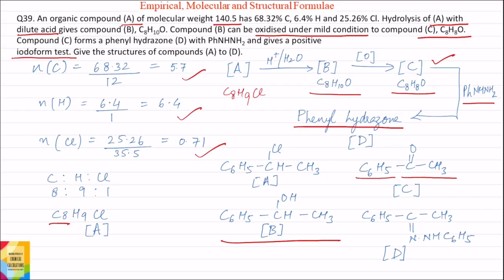Therefore, in A, the carbon that is bonded to the OH group in B is bonded to chlorine. Therefore the formula for A will be C6H5CHClCH3. And the structure of D will be C6H5C(CH3)=N-NH-C6H5. This is the structure of D.